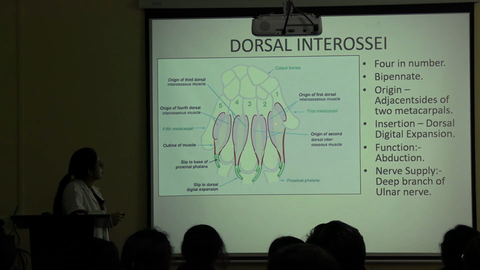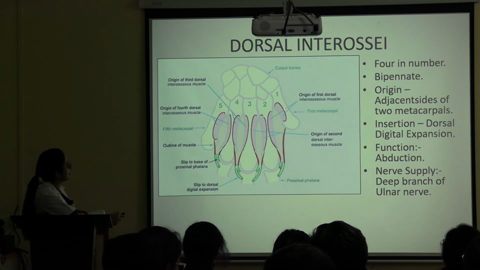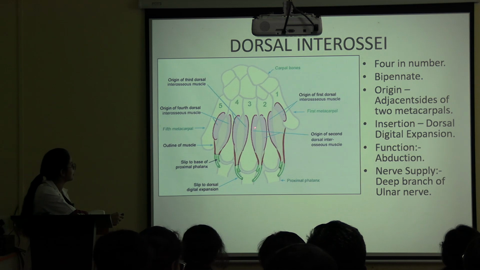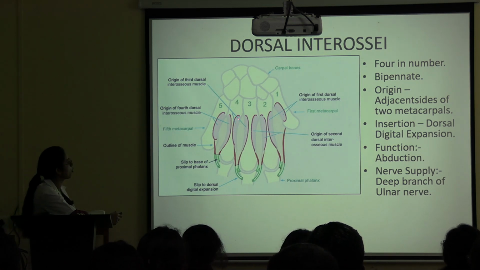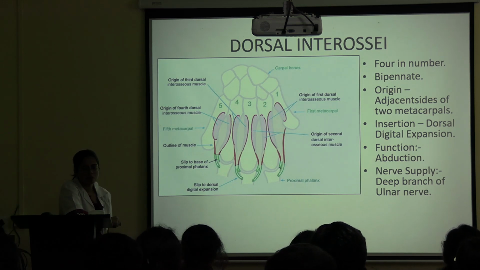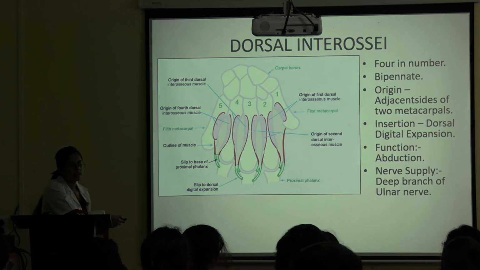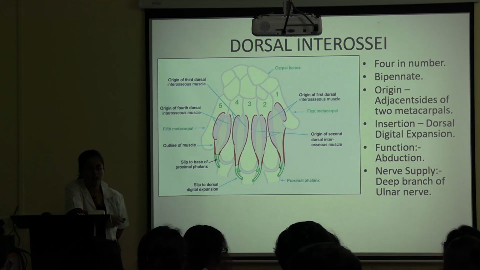This one originates from adjacent sides of first and second metacarpal, this one second and third, this one third and fourth, and this one fourth and fifth. It is inserted in the dorsal digital expansion, same as the palmar interosseous muscle. Function is abduction, nerve supply is the deep branch of the ulnar nerve.